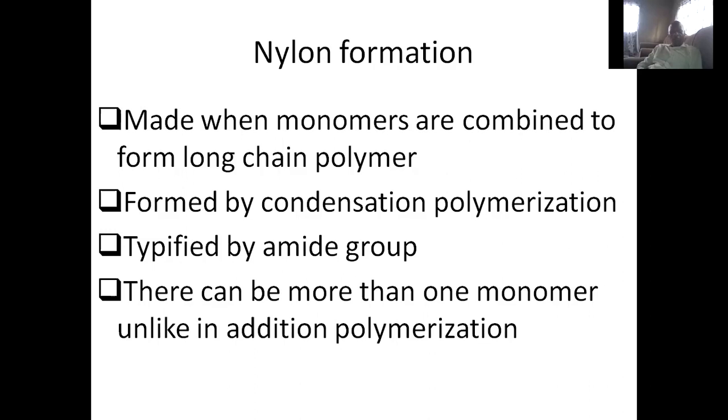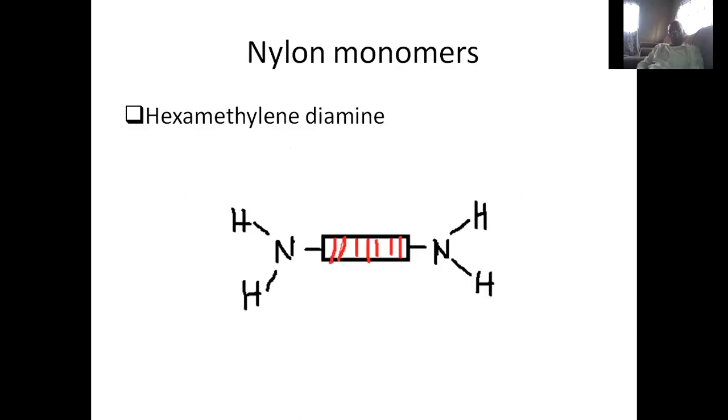Okay, and so there can be more than one monomer, like in addition polymerization. And so here are the two types of monomers that we'll look at, which are joined together to form the polymer.